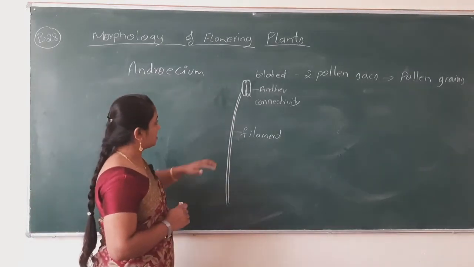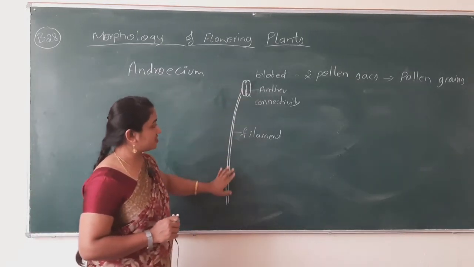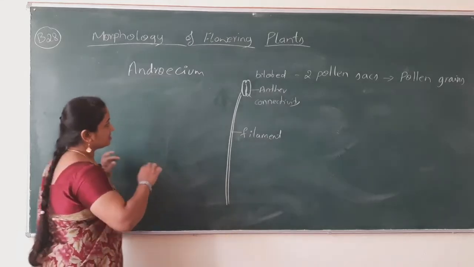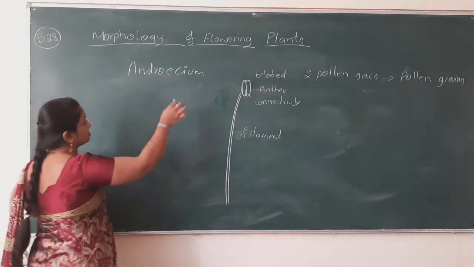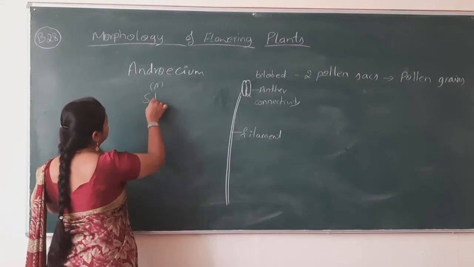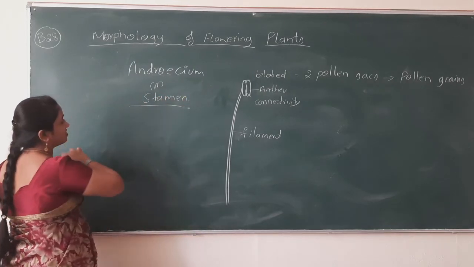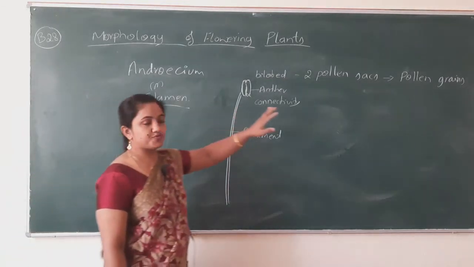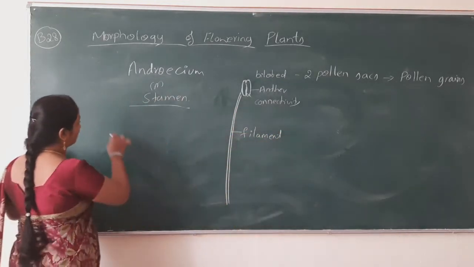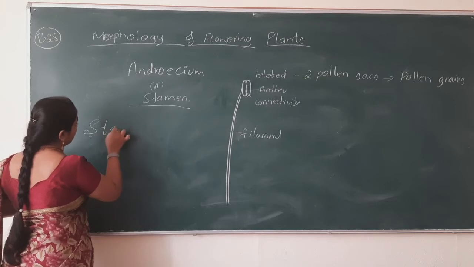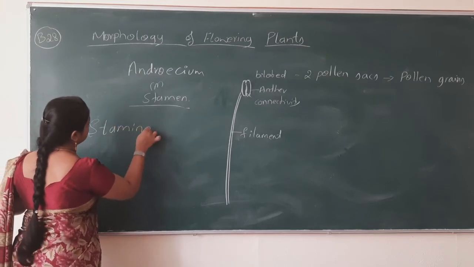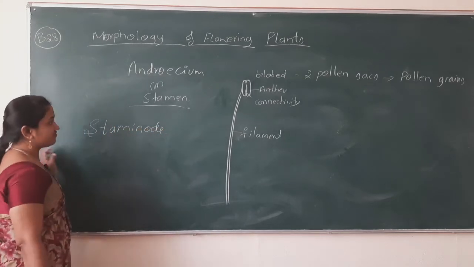Okay, so based on the attachment of this androecium, also known as stamens, in some cases stamens do not produce pollen grains. That type of flower is known as staminode, or sterile flower.